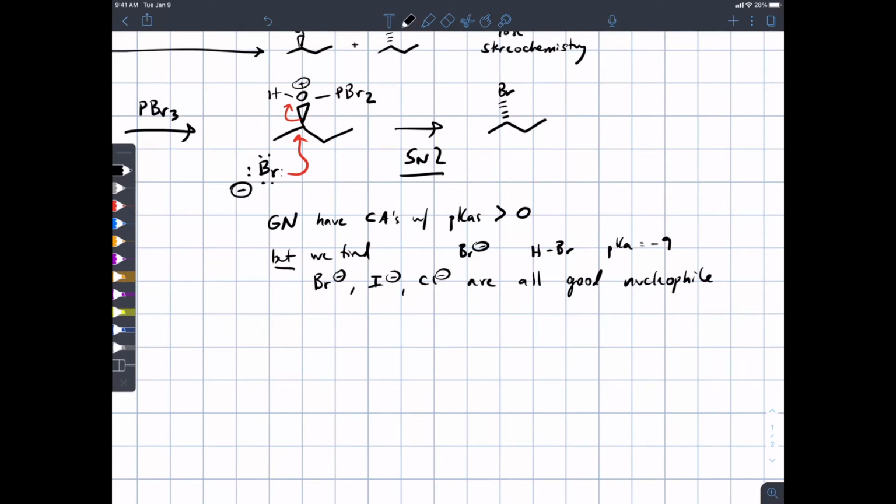The reason they are has to do with their large size and polarizability, which allows them to distort their electron density in such a way that they can really get in there and attack an sp3 hybridized carbon from behind. We won't worry about that reason. I won't ask you why they are good nucleophiles, even though they are such weak bases and so on.